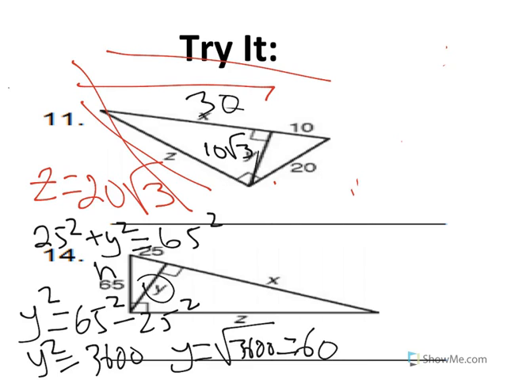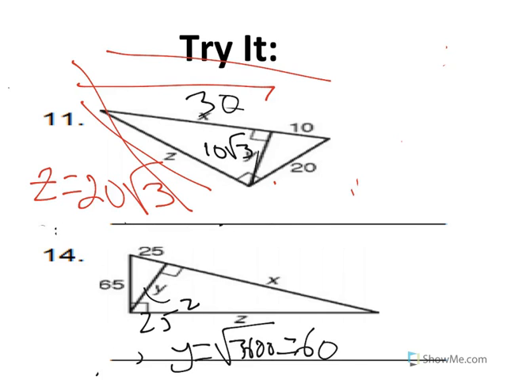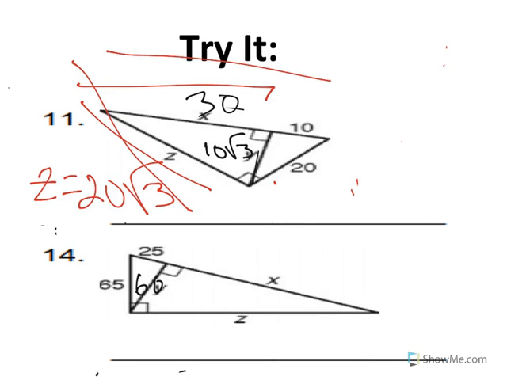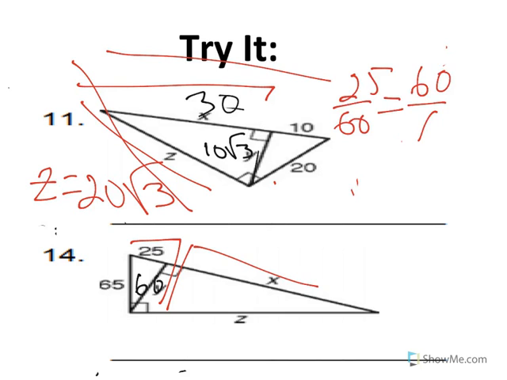Right, okay, so let me clean up this part. So we're given that y is 60. So from there we can solve for x. So we said 25 over 60, 60 over x. And then use our cross product.